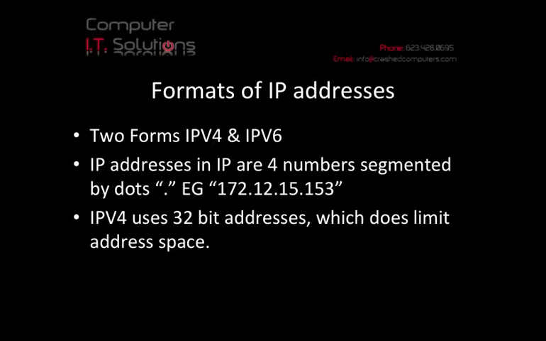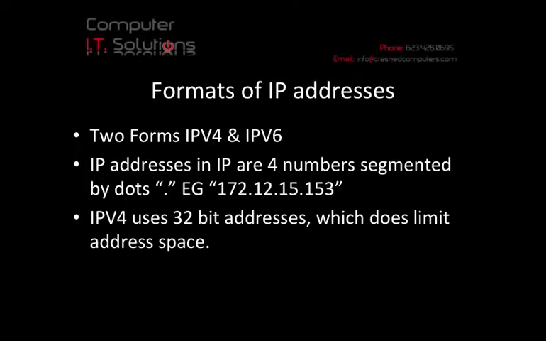IPv4 uses a 32-bit address structure, which does limit the address space. Because we're only talking about 32 bits, we are running out of address space out there. That's why IPv6 has come along. IPv6 uses hexadecimal. It's a 128-bit structure. It's far more complex, but it has far more address space.